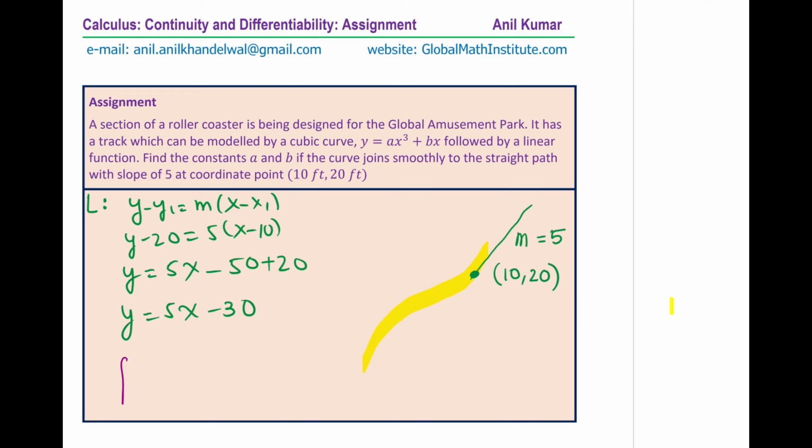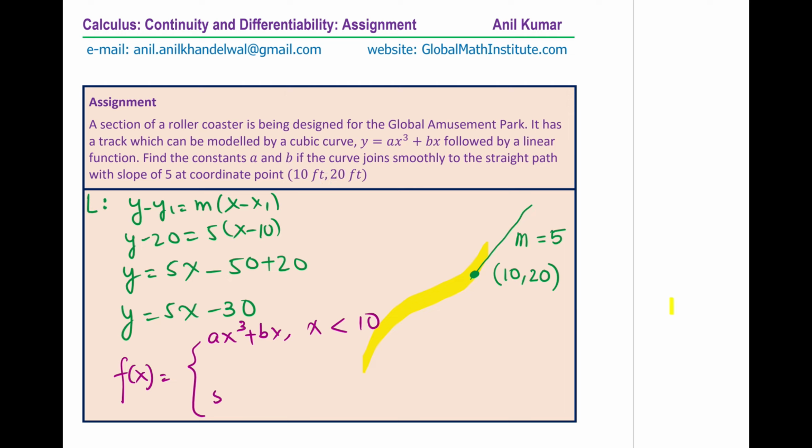Do you see that? So I could actually write this as a piecewise function. So I can write this as a piecewise function whose value, when it is less than 10, is what? Is given to us as ax cubed plus bx when x is less than 10. Is followed by a linear function at 10, 20 feet, right?